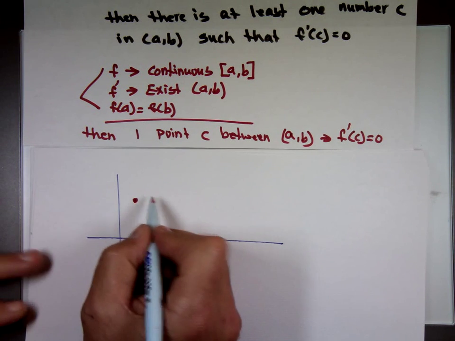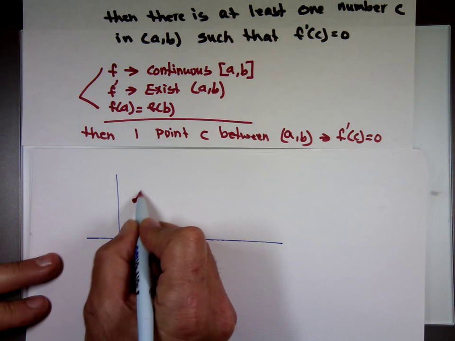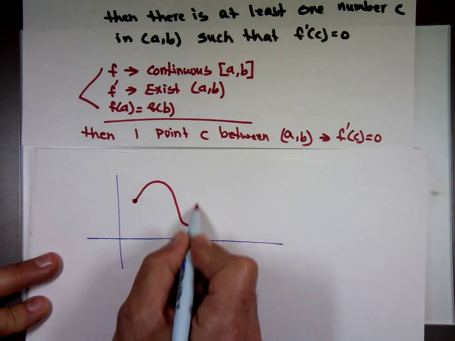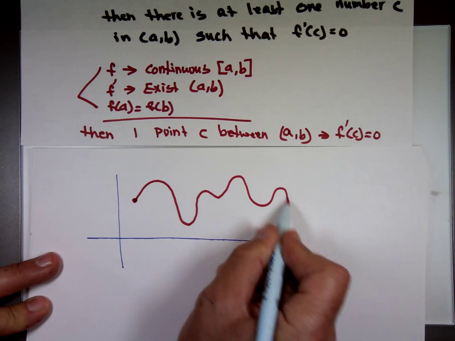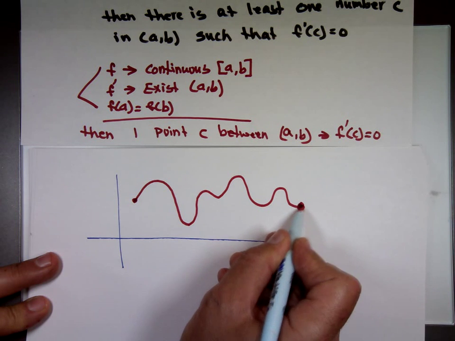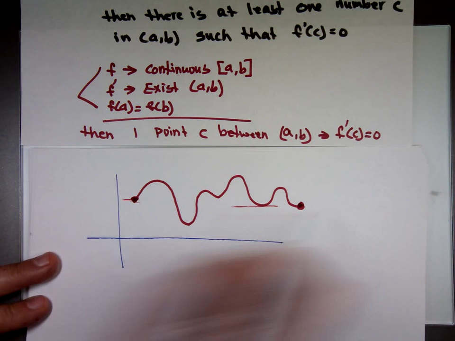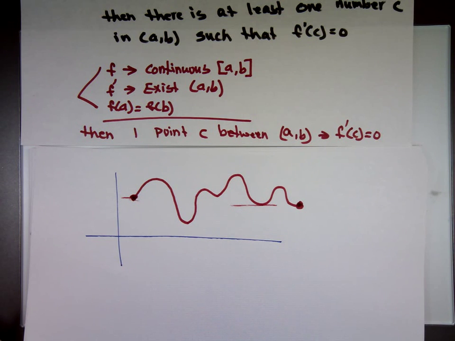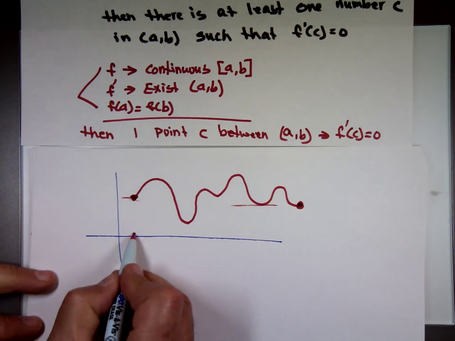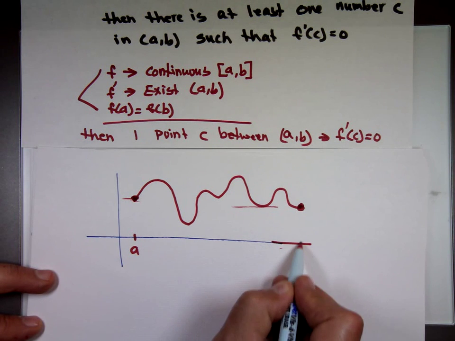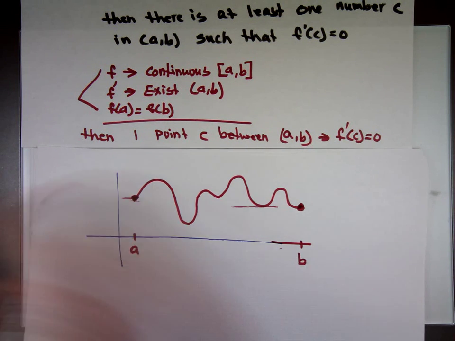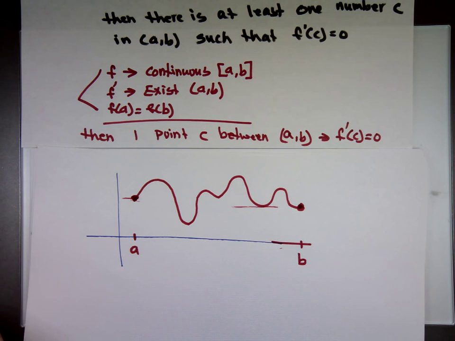Continuous means no holes in it, and the derivative exists. You can think of any graph you want to. Same height, f of A equals f of B. This is A right there, and this is B. You can think of any graph you can imagine. What they're saying, there has to be at least one point where the derivative is 0.